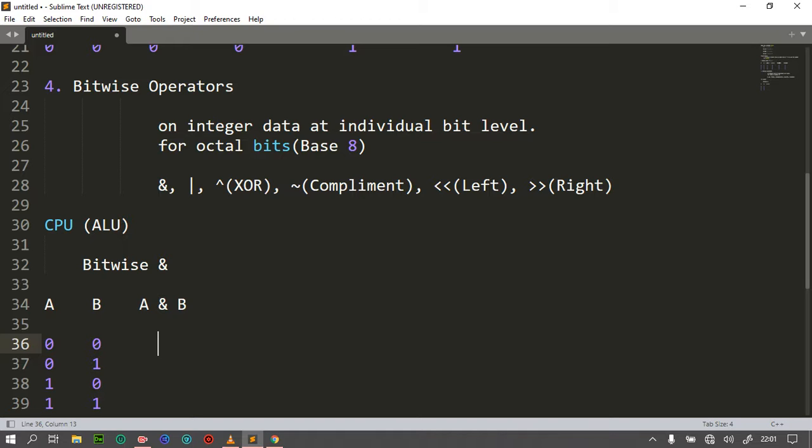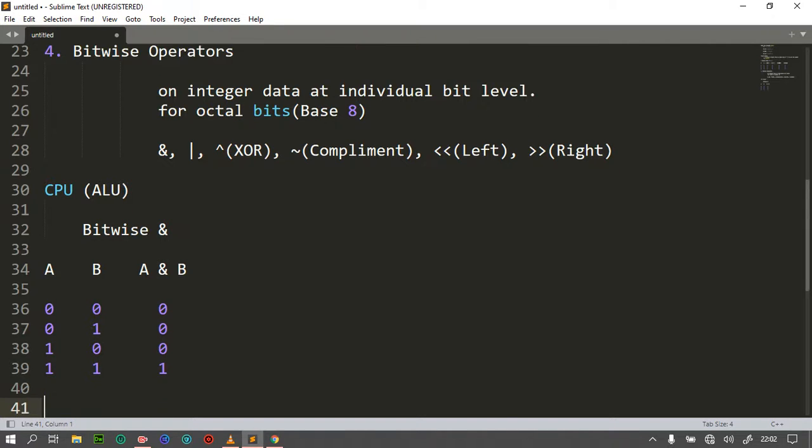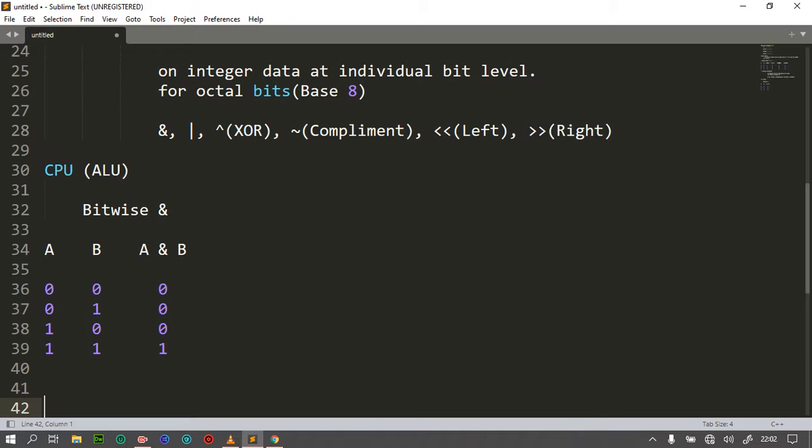Both credentials should be okay for you to log in. This time it is the same concept. So this one is going to be a 0, meaning false, false, false, and a true. How easy that is. Together, that is what we call a bitwise AND.